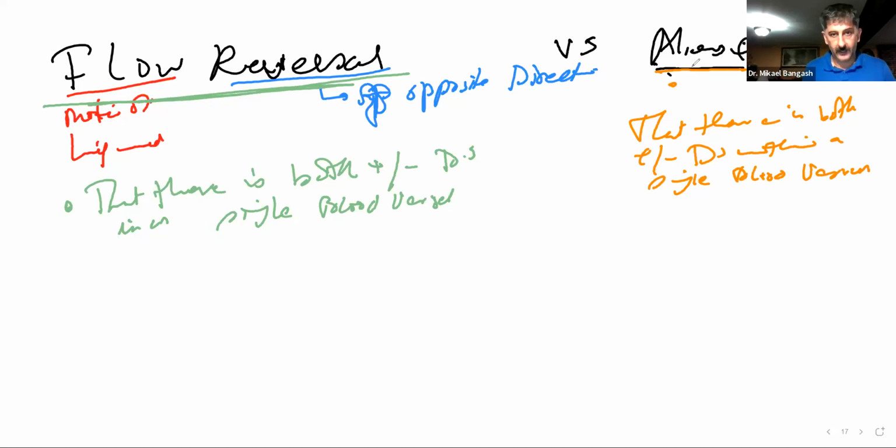Now, if for instance, we take our color map, we can make it a color map with multiple colors.